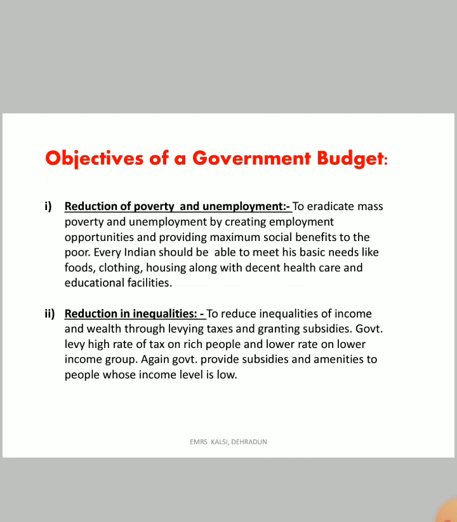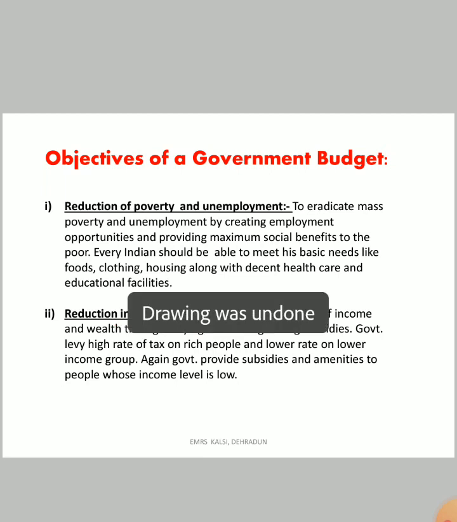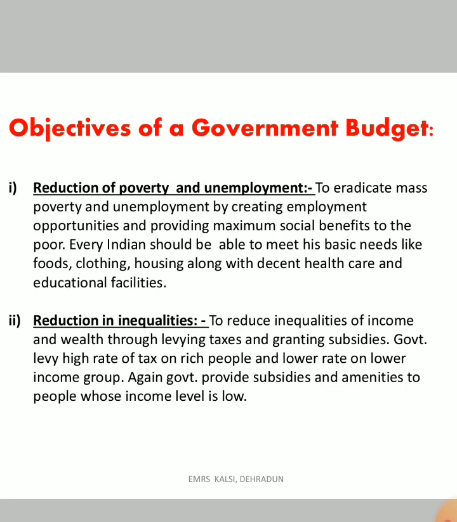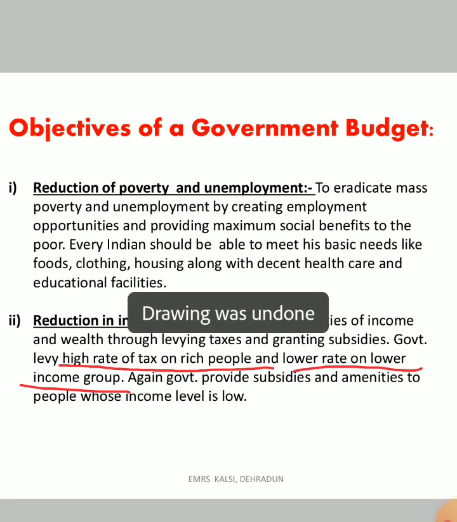So how does government reduce this inequality? By levying taxes and granting subsidies to the poor people. Government levies a high rate of tax on rich people and a low rate on the lower income group. Again, government provides subsidies and amenities to the people whose income level is low.